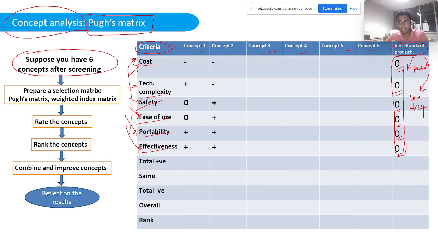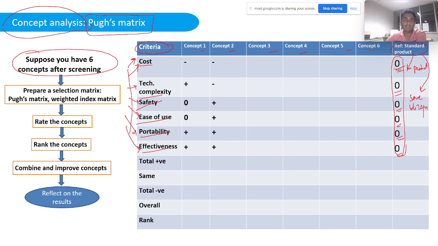So you will consider one of those as a standard product used for a particular problem, and then based on that you give plus or minus signs to your concepts. For example, cost compared to the standard product: is your cost high or low?